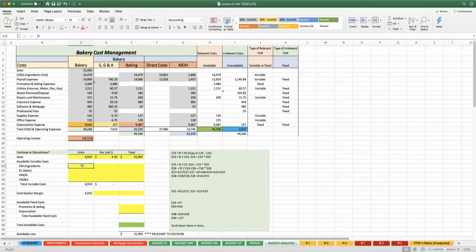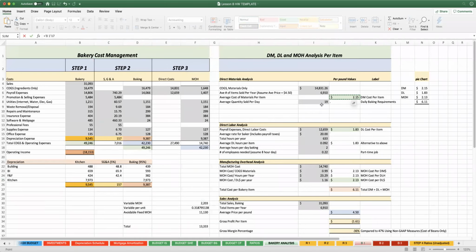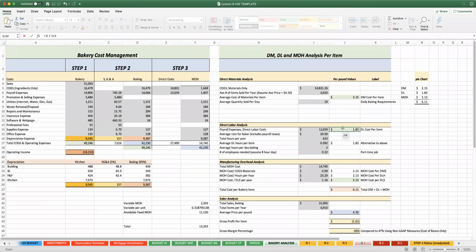Now you can just copy those down. Actually, let's do a $C$23, and then I can get rid of the decimals and just pull that down. That's perfectly fine. Okay, the per unit amount for direct materials is back over here. Let's get that. The direct labor is right here.